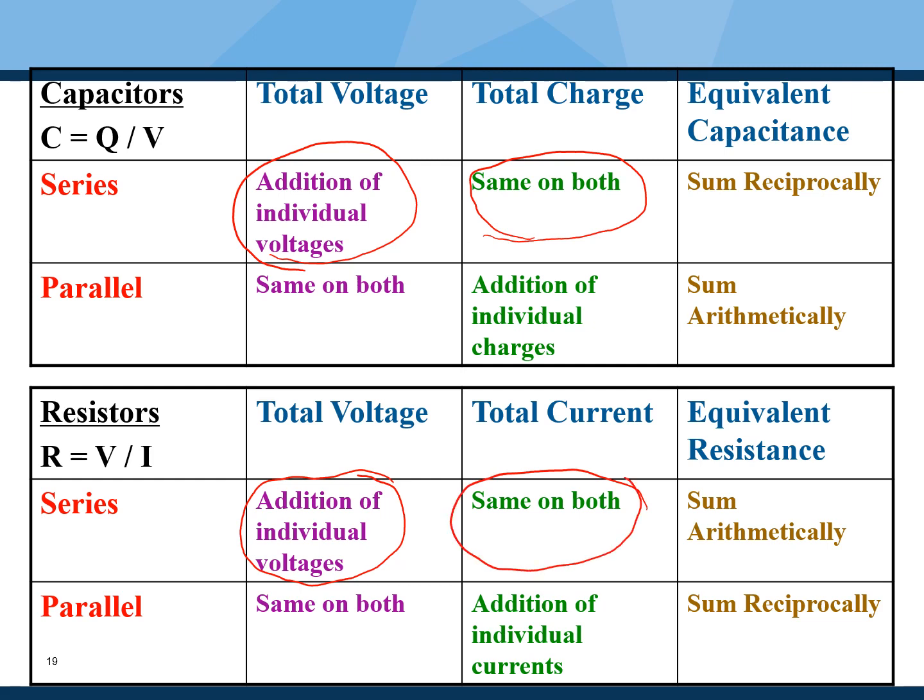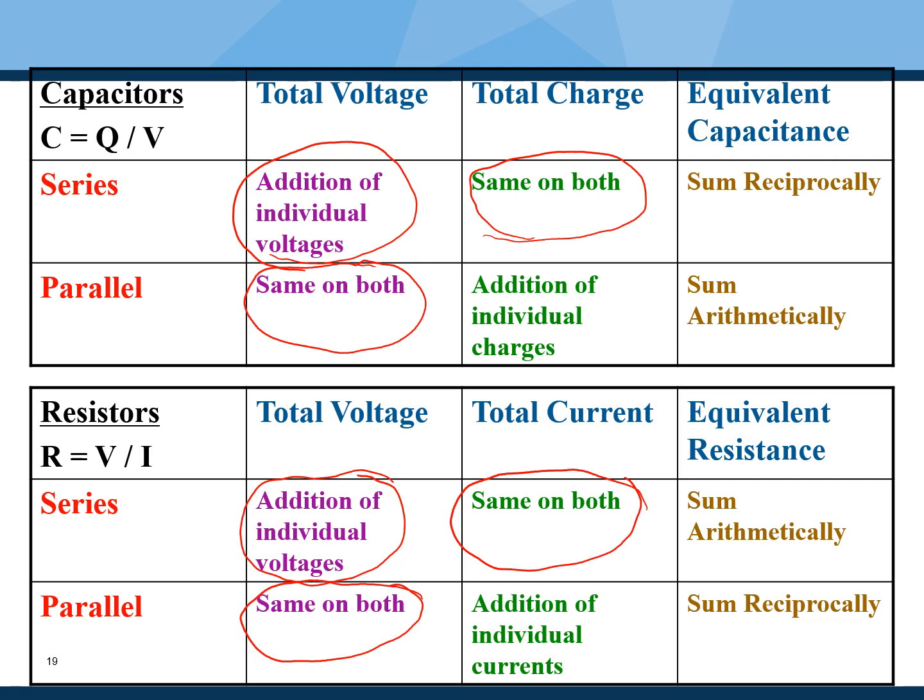When two capacitors are connected in parallel, we realize that both will have the same voltage across them. Likewise, when two resistors are connected in parallel, we see that the two resistors will also have the same voltage across them.